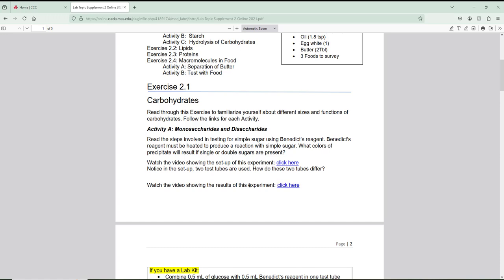You won't have the reagents and everything like that, but even though you're not doing the experiment, you'll see how it's set up, and then you'll watch a video showing what the results look like, so that you can write down what the results should be in your lab manual, so that you can get the right answers on the quiz and so forth.